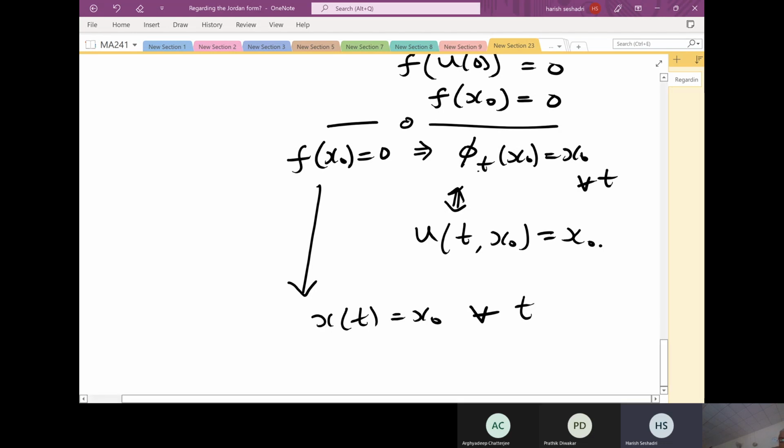Now, why is this a solution? Well, you just differentiate. This is a solution if and only if x dot t equals f of x.